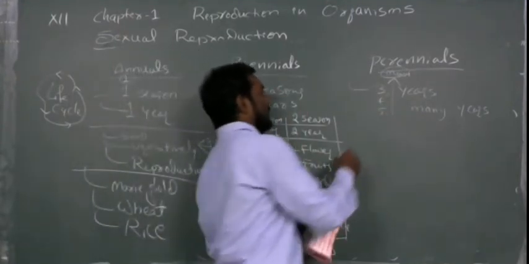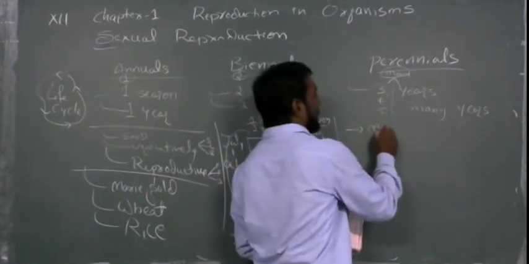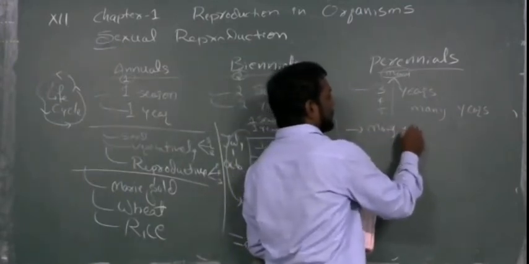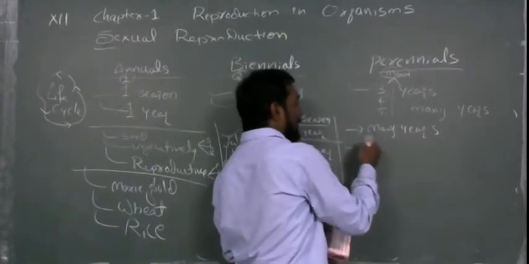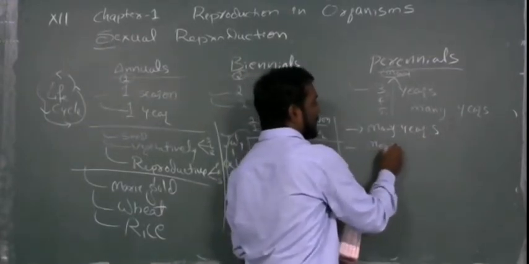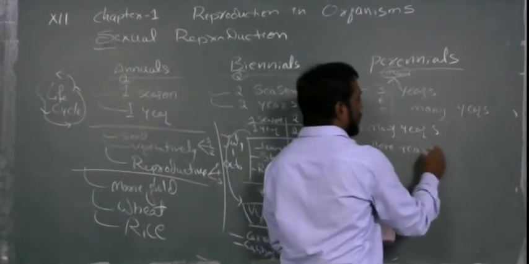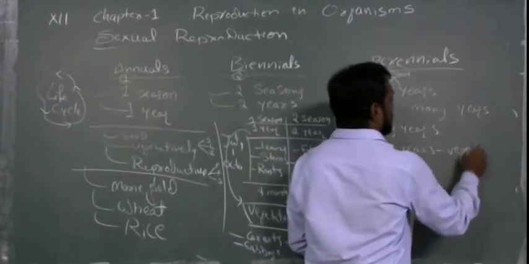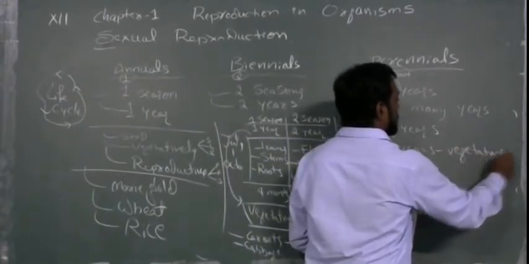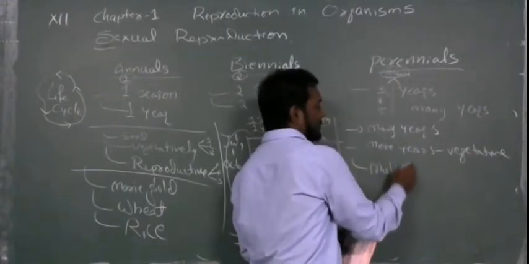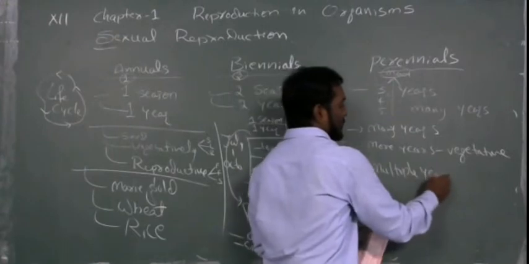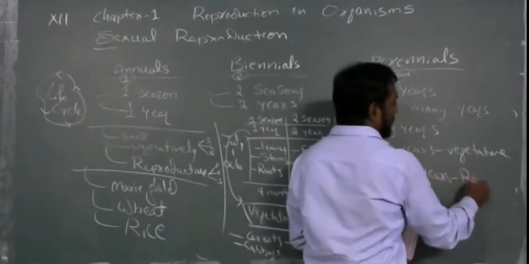It means they will survive for many years, with many years of the vegetative phase and multiple years of the reproductive phase.